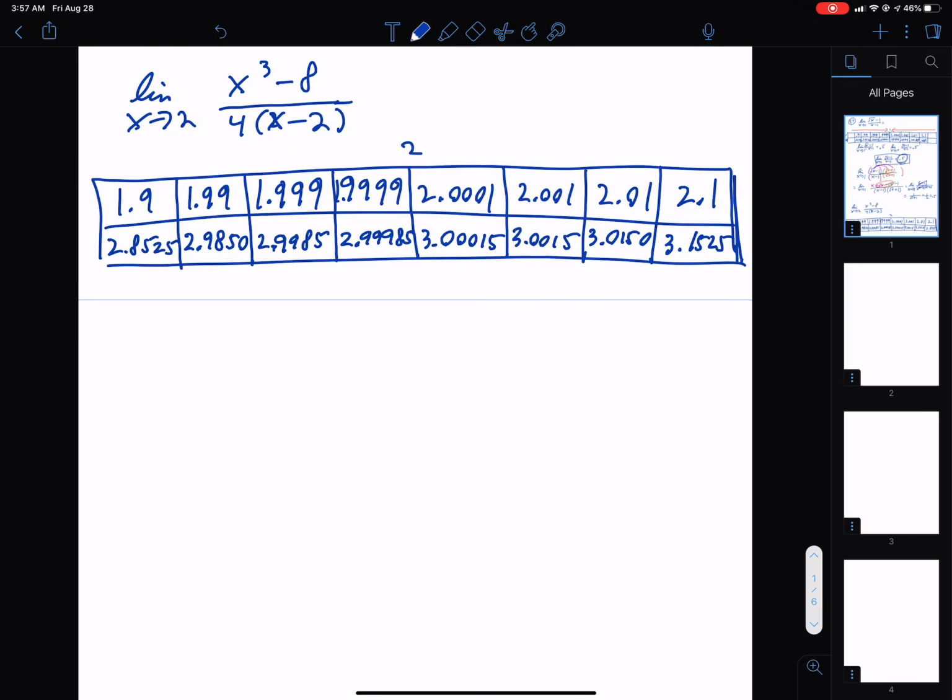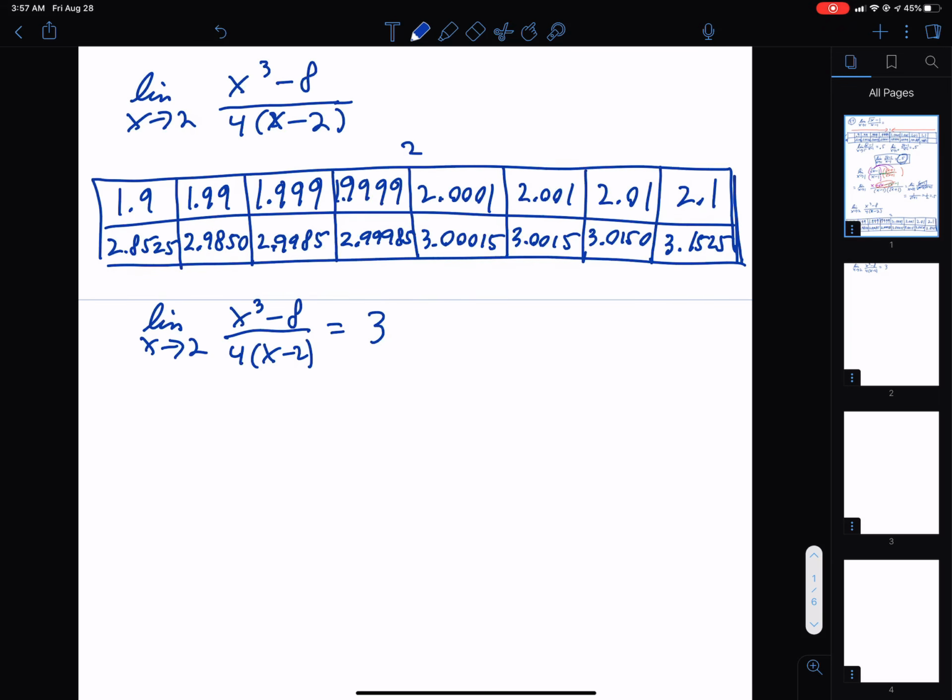Now, approaching 2 from the right here, clearly these numbers are getting closer to 3. So your conclusion should have been that it appears, we haven't proved it because we're just doing a table, it's not analytical, it appears this is 3.